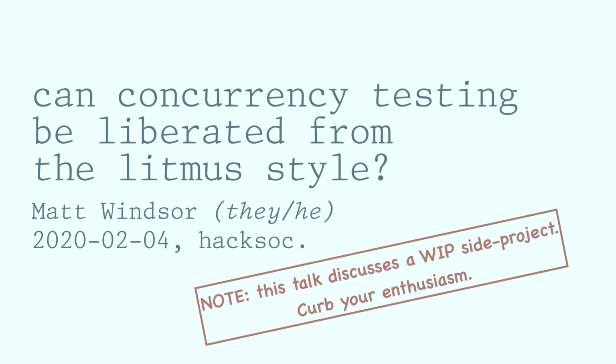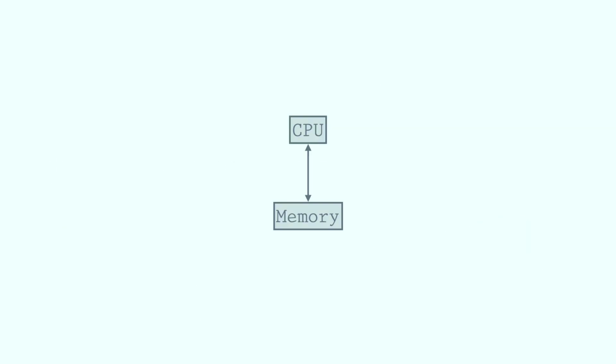Next slide, please. Generally, when we think about how our programs work, the first mental model you might have is something that looks a little like this. There's one processor and one memory.